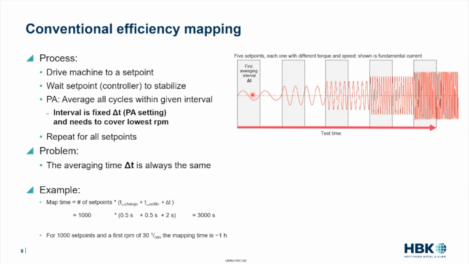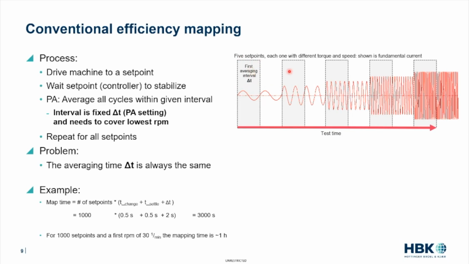What you then do is you measure your power at the first averaging interval. And this averaging interval needs to be longer than your fundamental period, otherwise you will get a wrong reading anyhow. So you set your power analyzer to an averaging interval which covers your slowest speed.